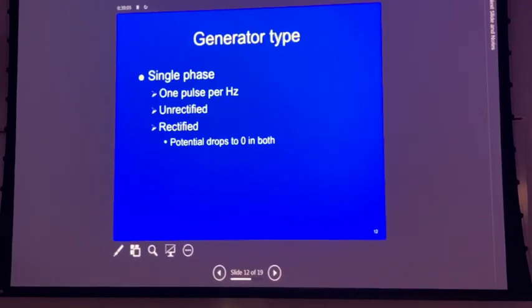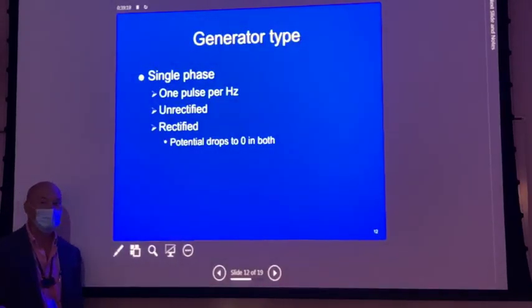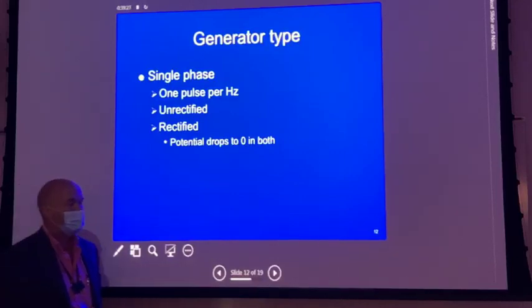About generator type, single phase, one pulse per hertz, per waveform. You do have unrectified and rectified units. You're never going to work with an unrectified unit. Probably the only place you're going to see an unrectified unit would be in a dentist's office, where very low energy x-rays are created.